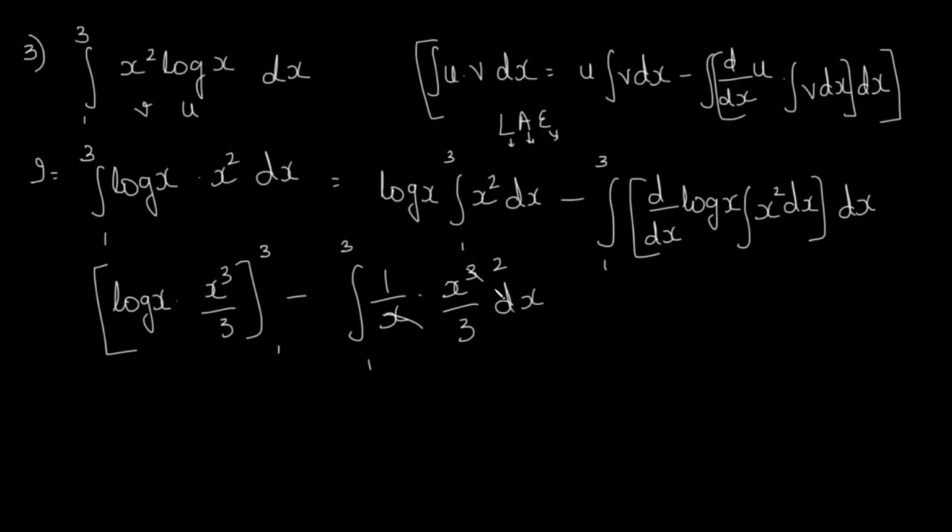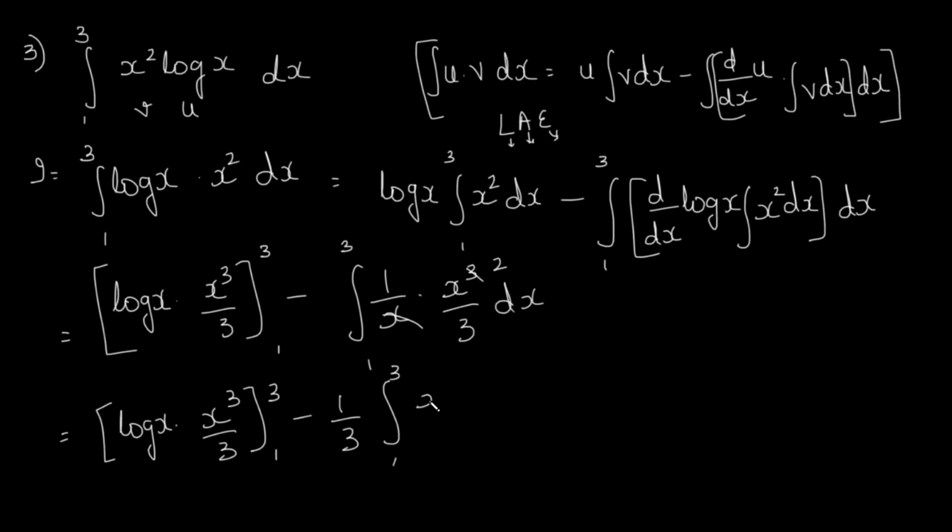In the next step, the first term remains as it is, log x into x cube upon 3 from 1 to 3, minus, now we can take 1 upon 3 common outside, so 1 upon 3 integral of 1 to 3 x square dx.